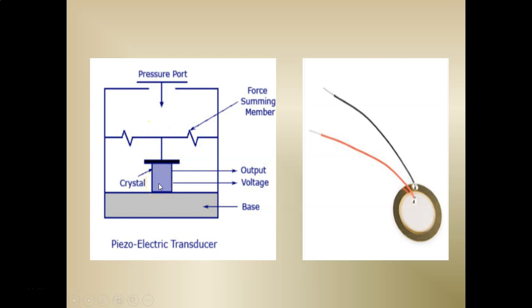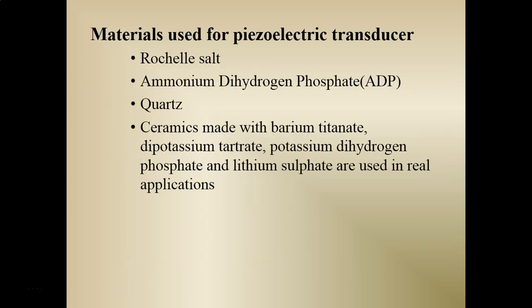Thereby the voltage generated from the crystal will be generated on the surface of the crystal. So the materials used for piezoelectric transducer are Rochelle salt, ammonium dihydrogen phosphate, quartz, ceramics made with barium titanate, dipotassium tartrate, potassium dihydrogen phosphate, and lithium sulfate.